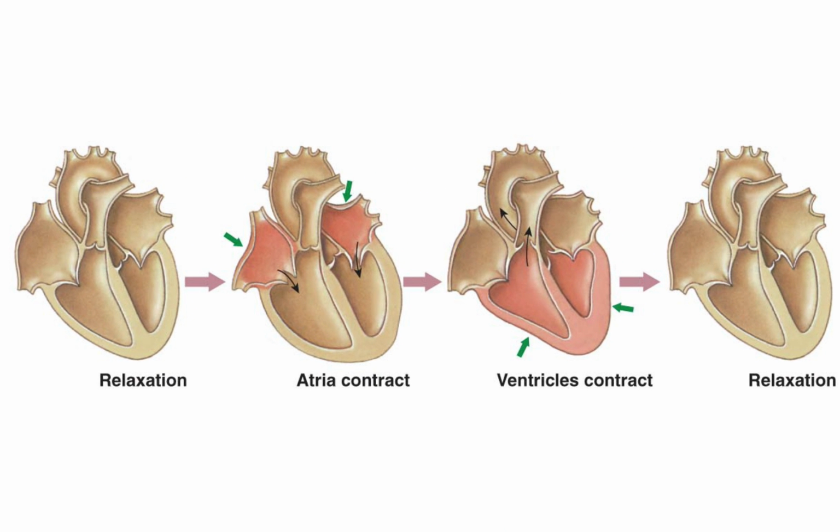Next thing we need to talk about is the cardiac cycle. The cardiac cycle is all the events that are associated with blood flow through the heart. So blood flows first into the atria, then into the ventricles, and then out these big arteries.